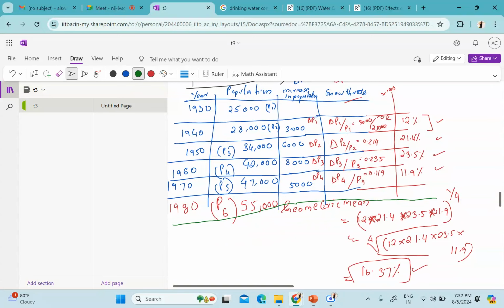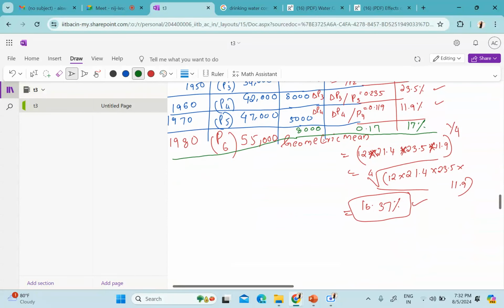You guys found? Okay, here, starting from here, population increase is 8,000. And what is the growth rate? 0.17, that is here 17 percentage.